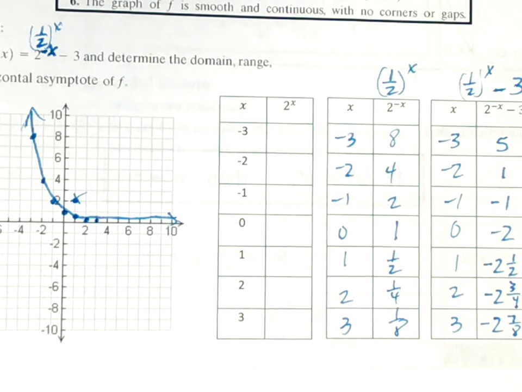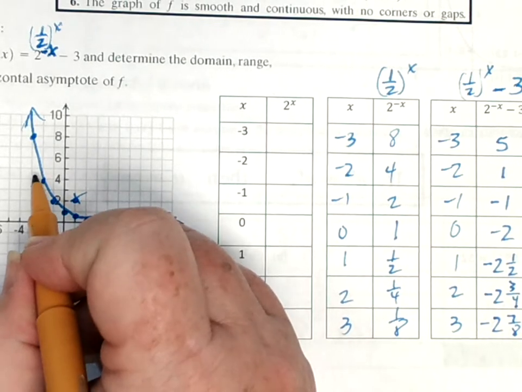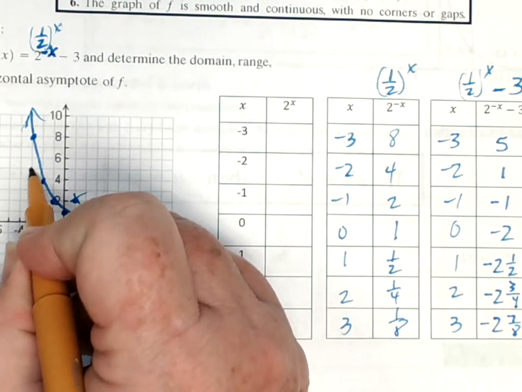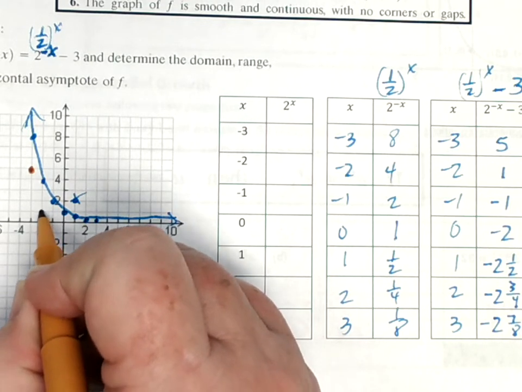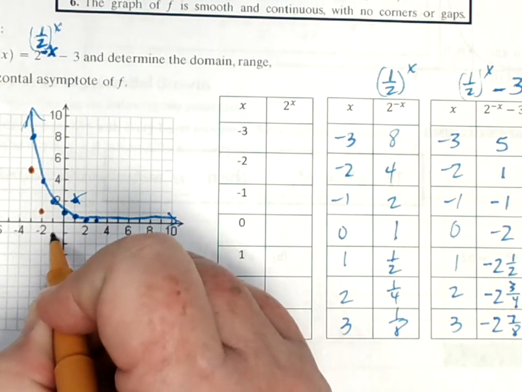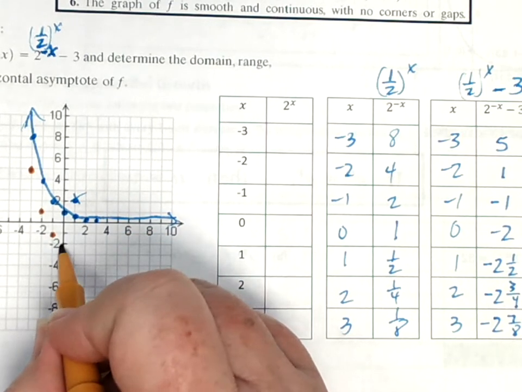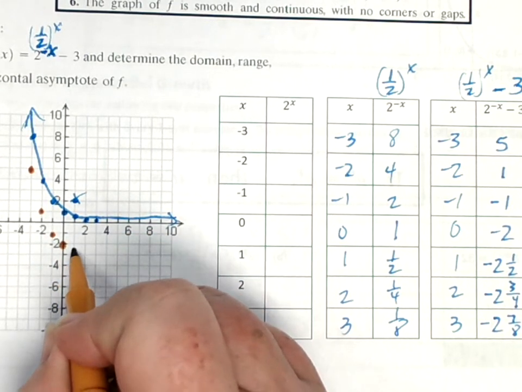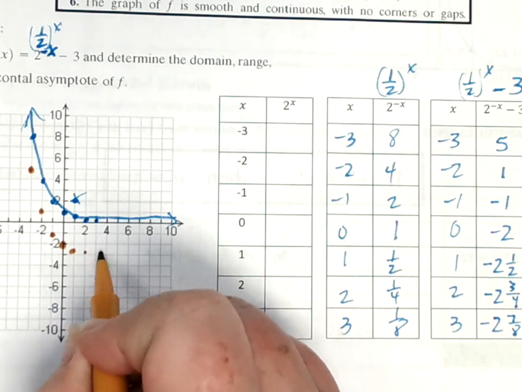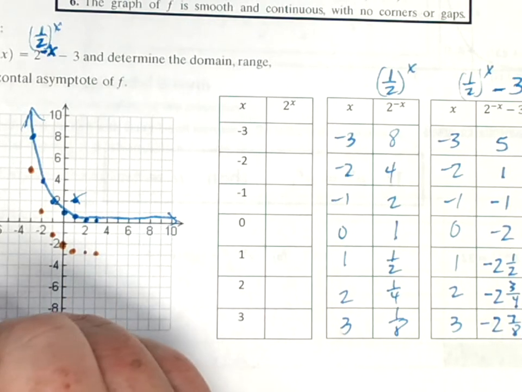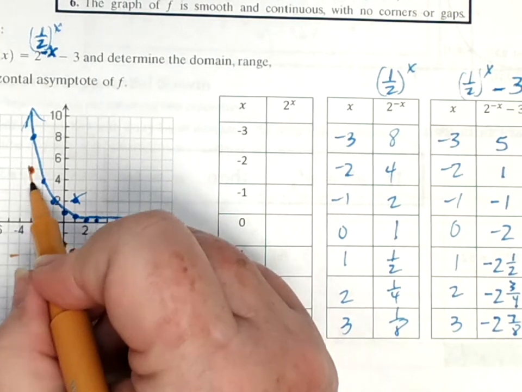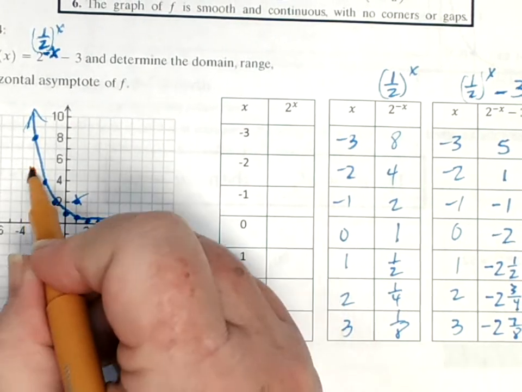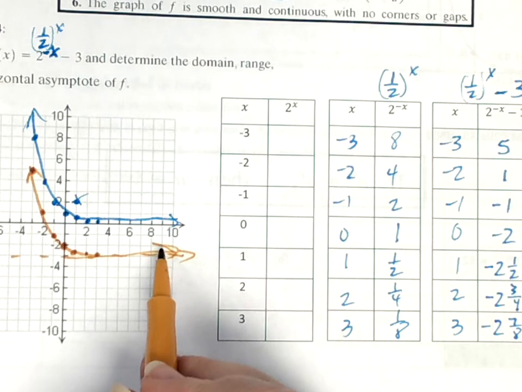Let me use a different color. (-3, 5), (-2, 1), (-1, -1), (0, -2), and then (1, -2.5), -2 3/4, -2 7/8. We're approaching that line right there. We are approaching the -3.